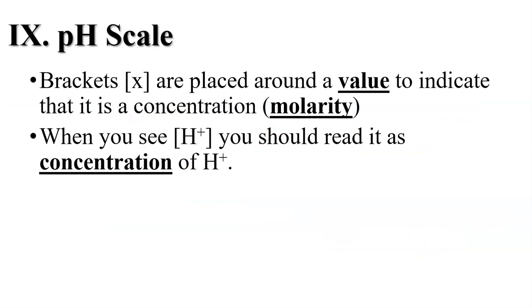Okay, we're going to place brackets around a value to indicate the concentration or molarity of our solution. So whenever you see [H+], you should always read it as the concentration of our hydrogen ion.